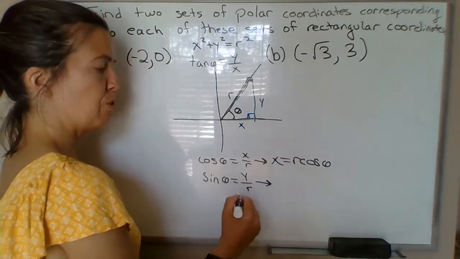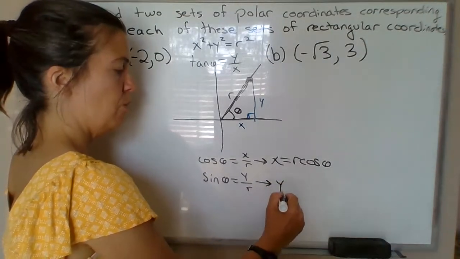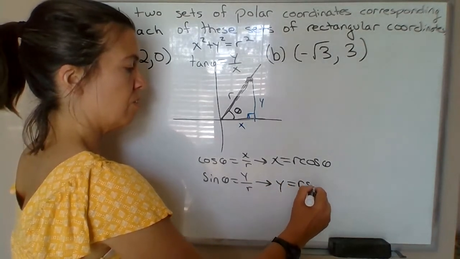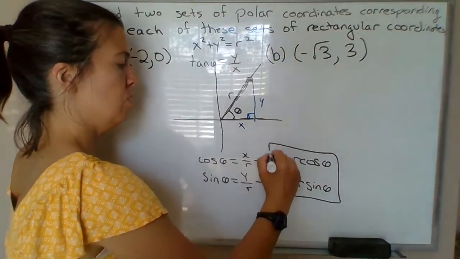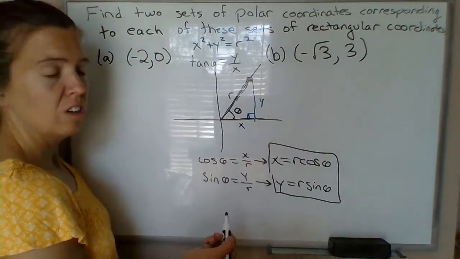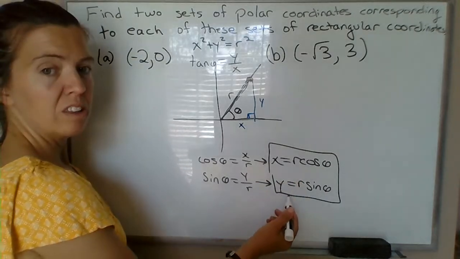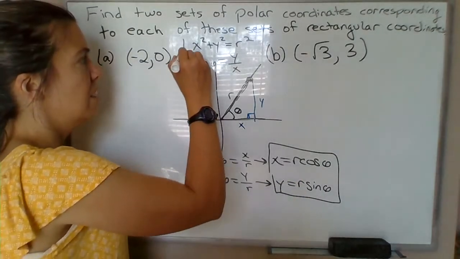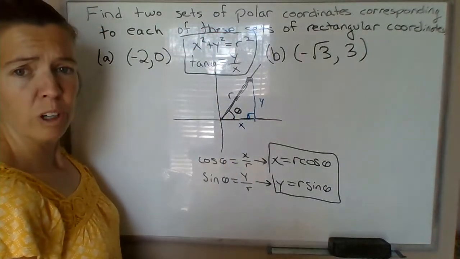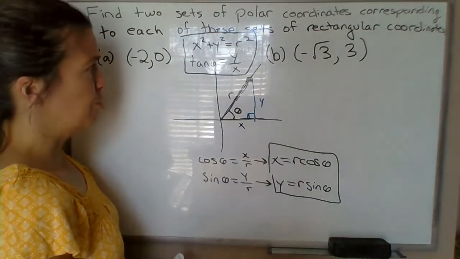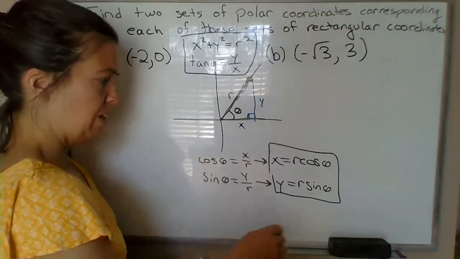If you multiply both sides of that equation by r, we have y equals r sine theta. And so these are the important conversion equations. So x equals r cosine theta, y equals r sine theta, and these equations up here are going to be the useful ones when we're converting back and forth between polar and rectangular coordinates.